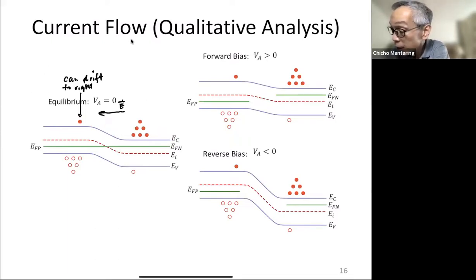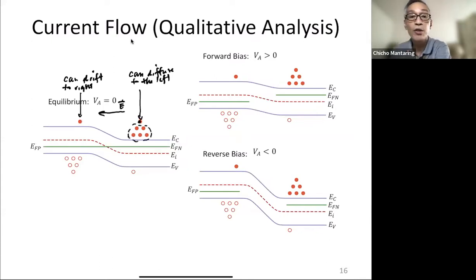Now this particular electron can diffuse to the left. If you take a look at this electron, it has enough energy to go to the left, because its energy is higher than the blue line. But these electrons here cannot diffuse. Why diffusion? The action here is diffusion because here we have a high concentration and here a low concentration.